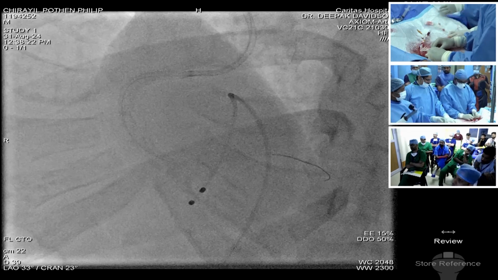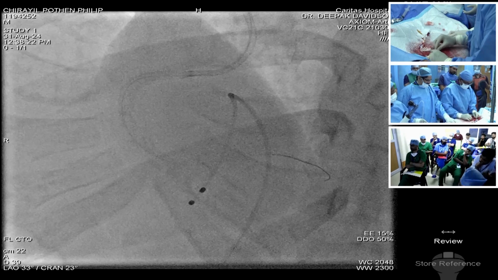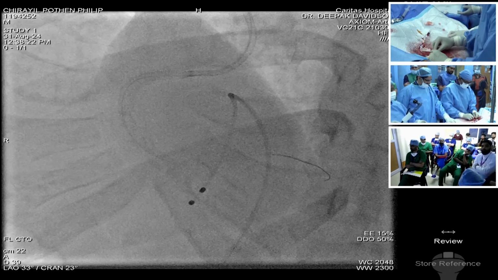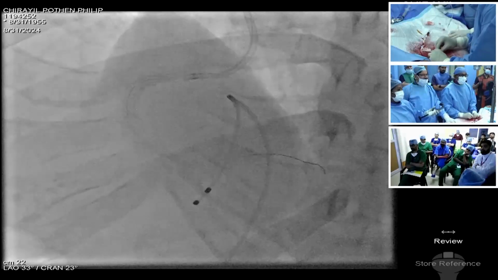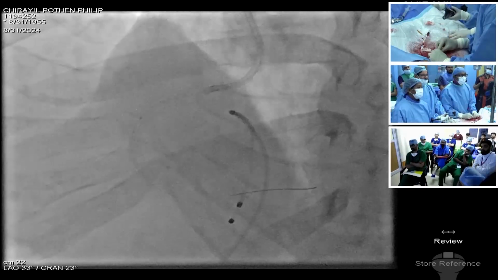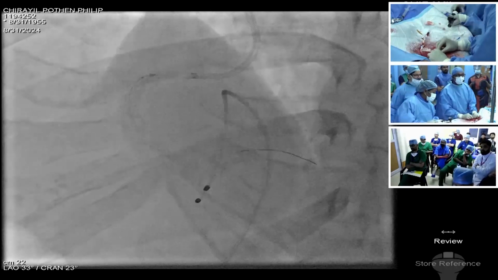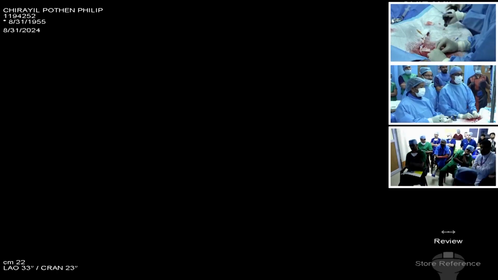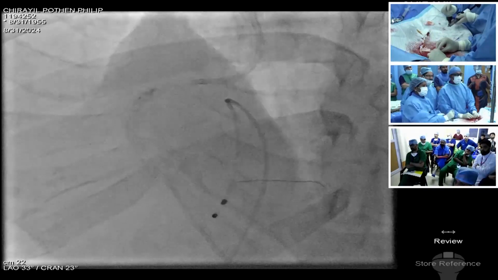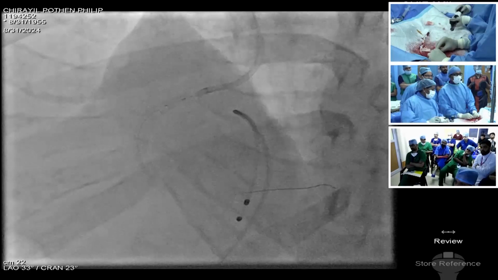And then the OCT. Here we are, 14, 16. This is the overlap segment. Yes, negative. 16, 18.